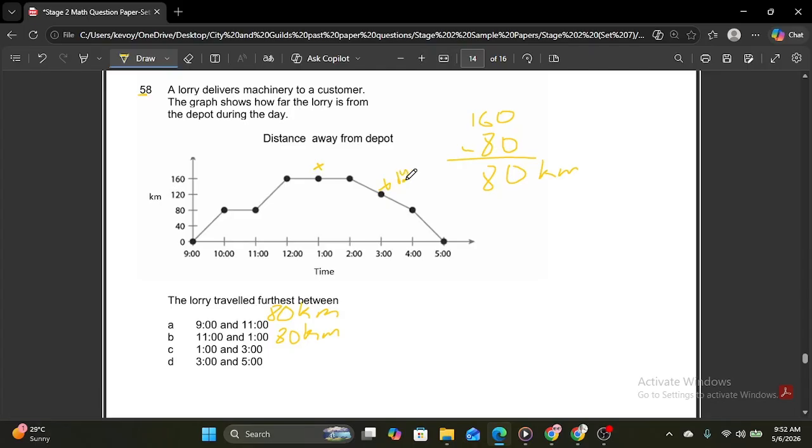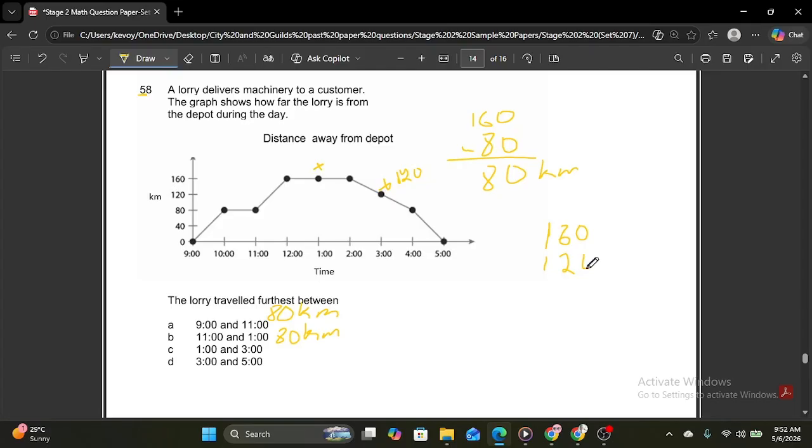So if we want to know how far he travels from 1 o'clock to 3 o'clock, he was 160 kilometers away from the depot, and at 3 o'clock he is 120 kilometers away from the depot.